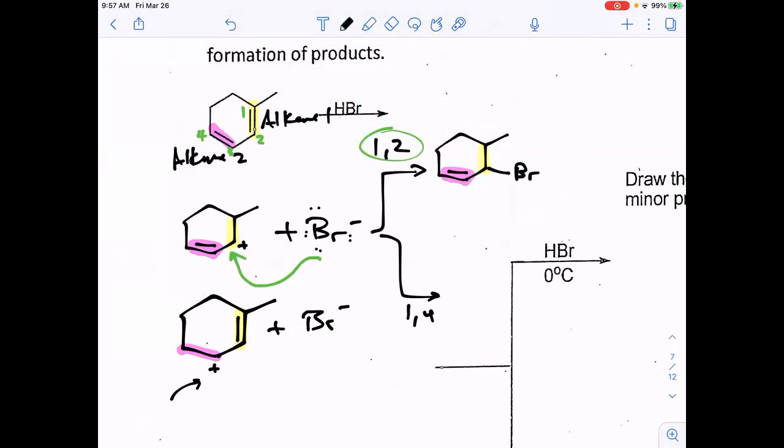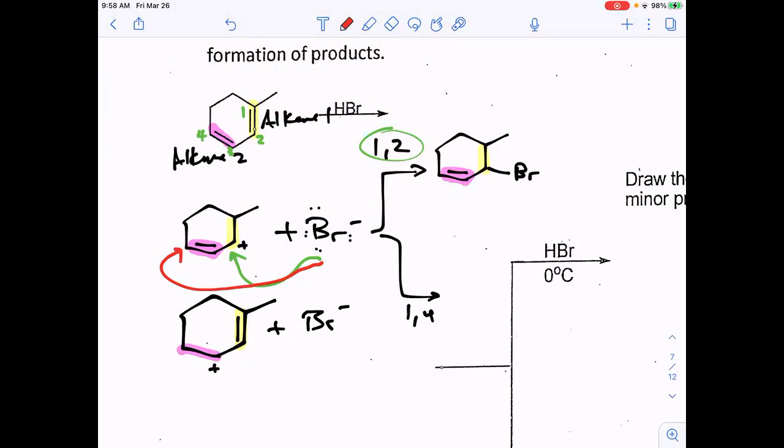On this intermediate. Isn't bromine gonna come here? Then we just do this on a different molecule, but it's the same mechanism.